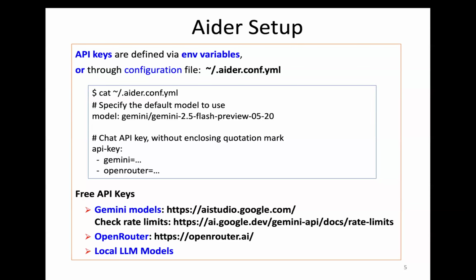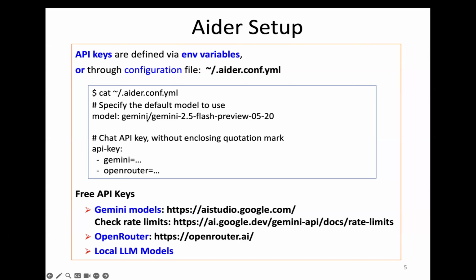And how to set up Aider? Since it's an AI tool, it requires an AI model, so you need to set up the API key. You can define the API key via an environment variable, or, in a more convenient way, you can use a config file in your home directory.